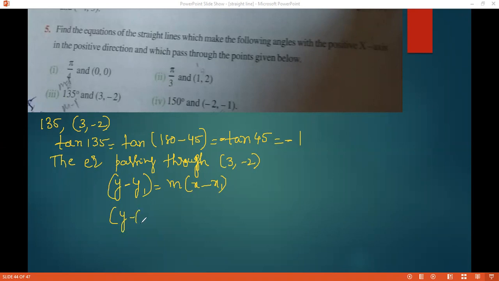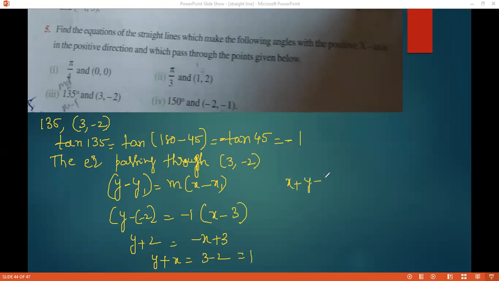Y minus y1, that is y plus 2, is equal to m, minus 1, times x minus x1, that is x minus 3. So y plus 2 is equal to minus x plus 3. So y plus x is equal to 3 minus 2, which is equal to 1. So x plus y minus 1 is equal to 0. This is our equation.